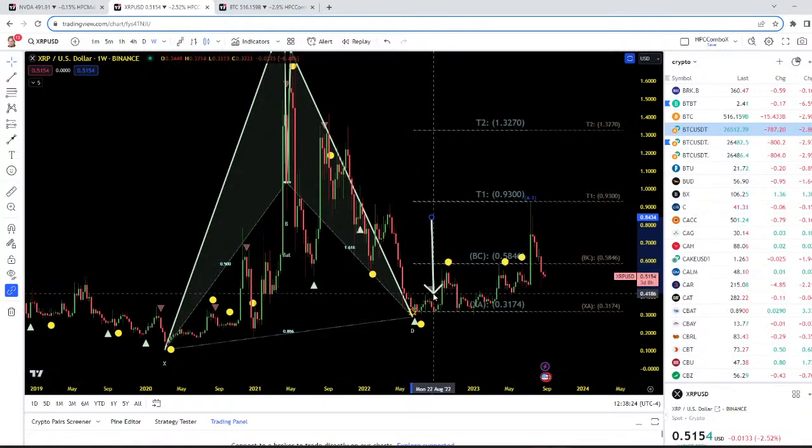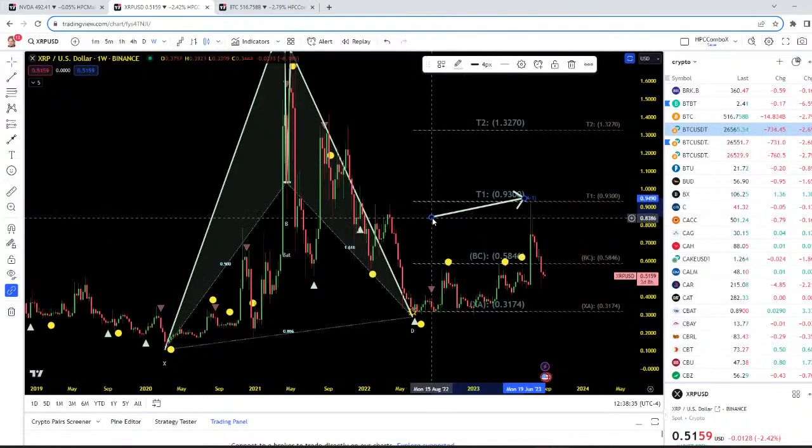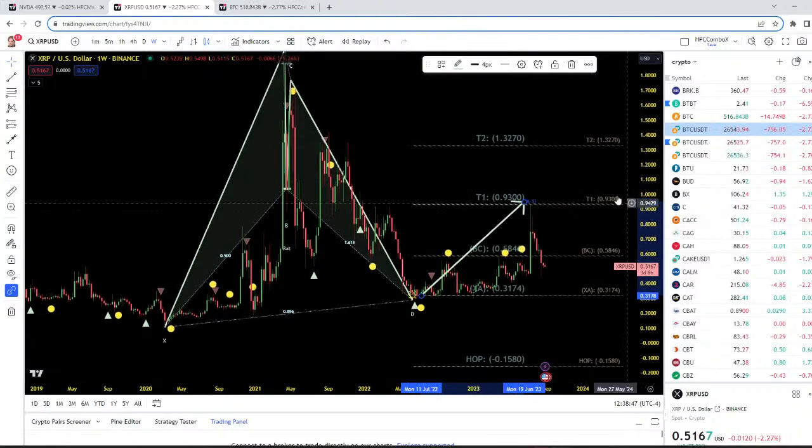Like Bitcoin, a massive, beautiful bat pattern. Now, what is the expectation for every type 1 move? It is to go to target 1. That structurally is the real distinguishing mark that says, okay, sufficient reactive move, and you see it hit exactly at 93 cents.